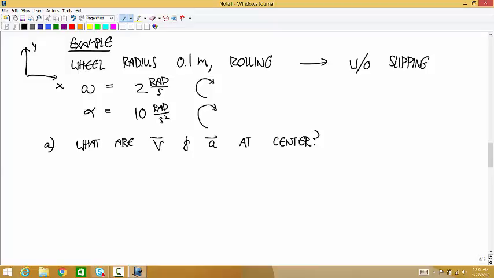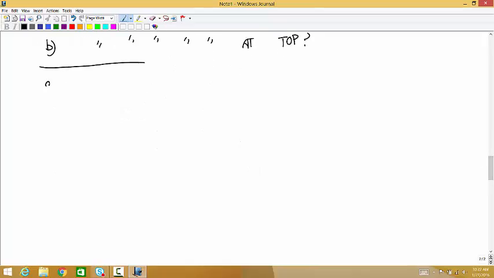And then I guess after that, let's calculate the velocity and acceleration vectors at the top. Okay, so for part A, that's the center. Call this B the bottom point.